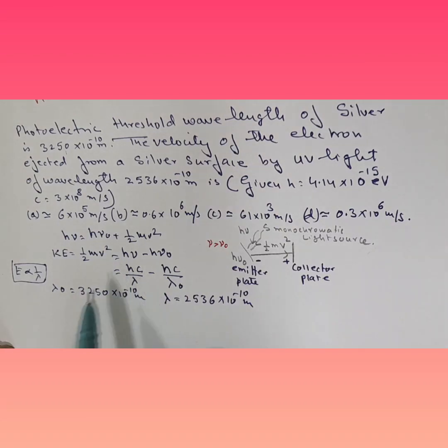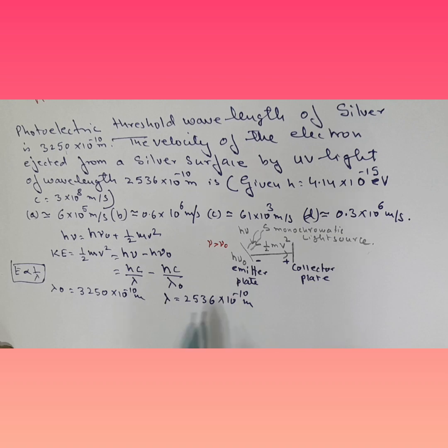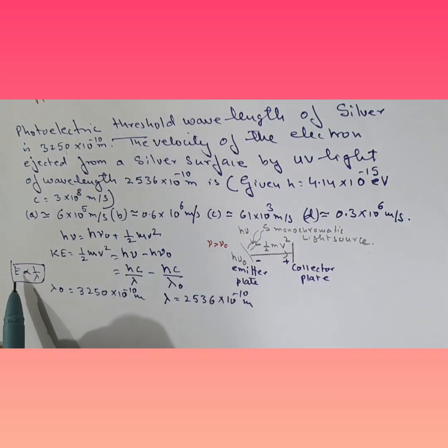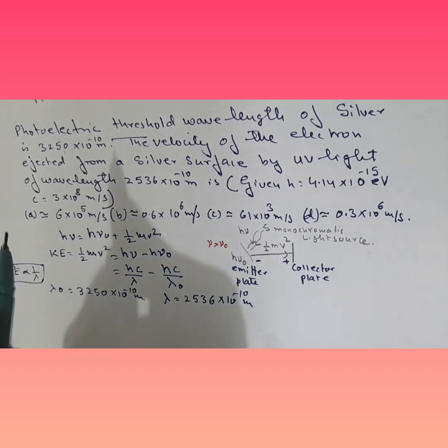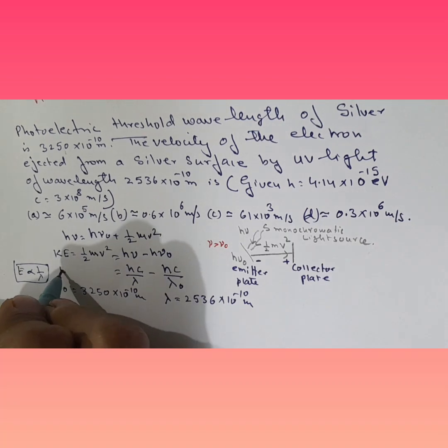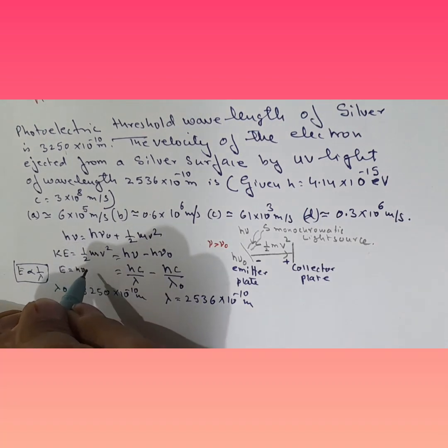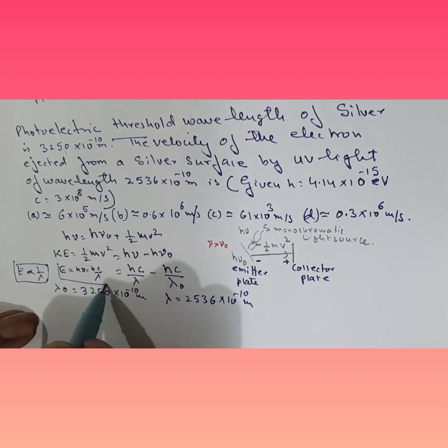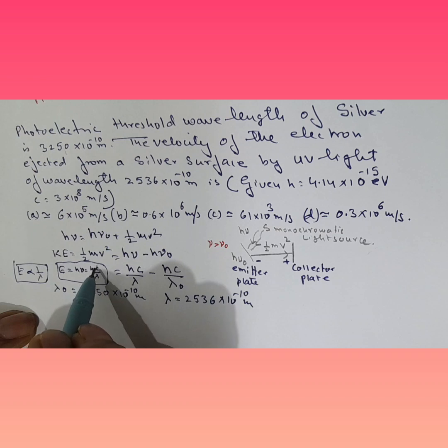So we have been provided with lambda 0, which is 3250 into 10 raised to minus 10, and lambda is equal to 2536 into 10 raised to minus 10 meters. Always keep in mind that energy is inversely proportional to wavelength. Why is that so? Because we know E is equal to h nu, which is equal to hc over lambda. Since h and c are constants, energy is inversely proportional to wavelength.